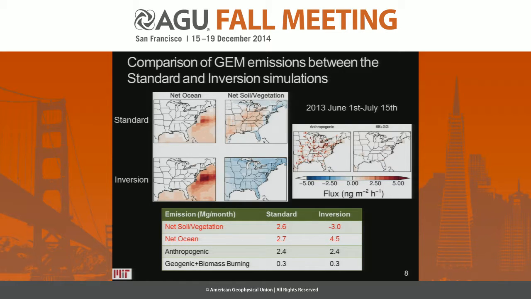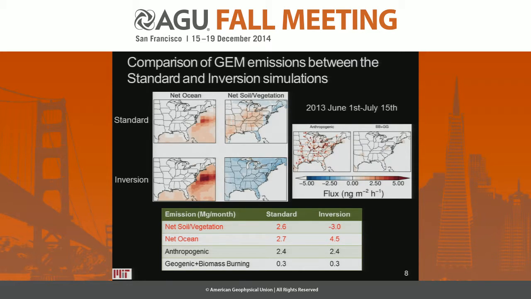Now we are seeing the comparison of GEM emissions between the standard and the inversion simulations during the NOMADSS campaign, June to July 2013, over the eastern US and western North Atlantic. The figures show spatial distributions of mercury fluxes, and the table shows the total emissions over the domain. We can see that in the standard case, both the ocean and the soil and vegetation system are net sources of GEM.